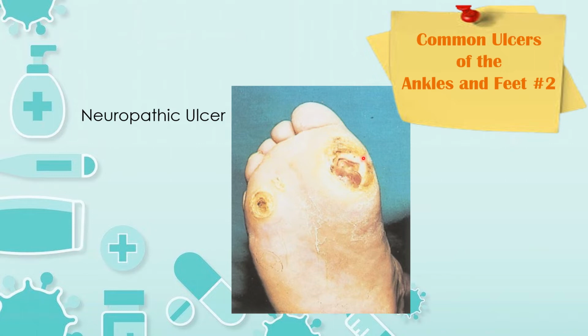So the surrounding skin is callous. There is no pain. So the ulcer may go unnoticed. Kaya napapansin nyo yung ibang diabetic patient, hindi nila napapansin, malaki na pala yung kanilang sugat hanggang sa napuputulan na sila ng paa kasi hindi nila na-feel na meron na silang sugat or may wound.